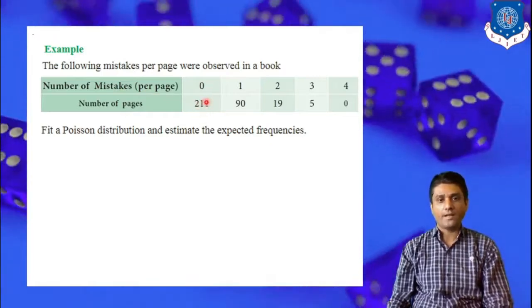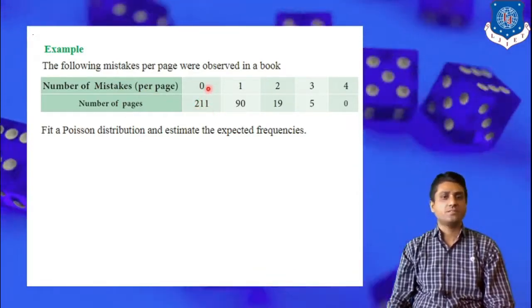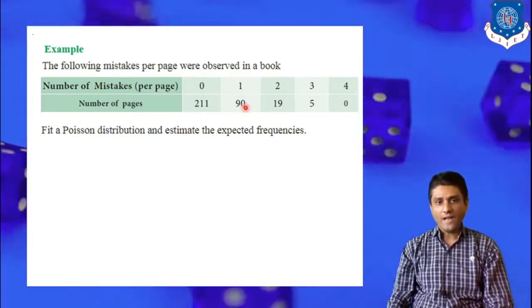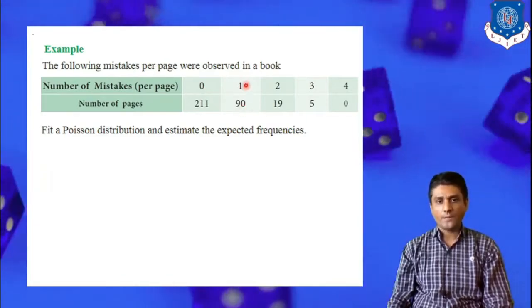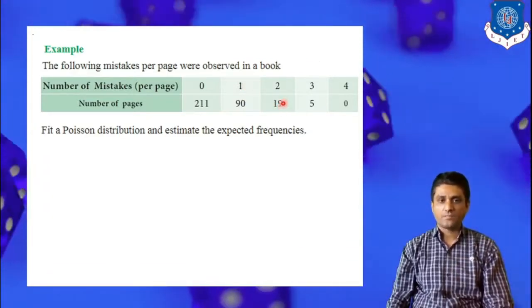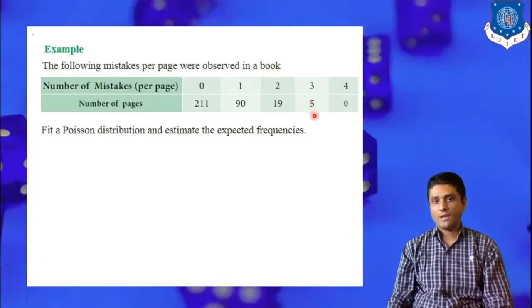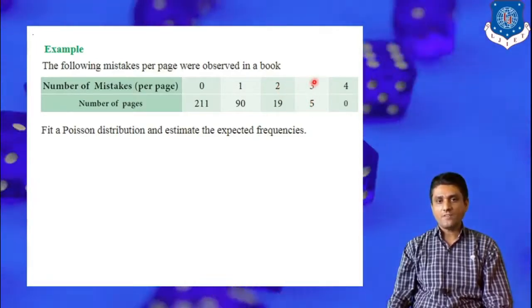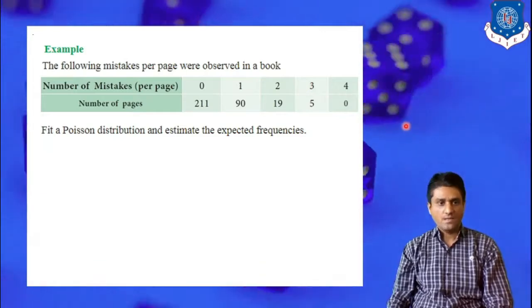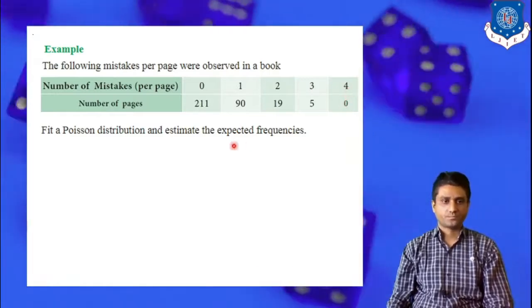There are 211 pages with no mistakes. There are 90 pages with 1 mistake. There are 19 pages where each page has 2 mistakes. There are 5 pages where each page contains 3 mistakes. And there are 0 pages where each page contains 4 mistakes.